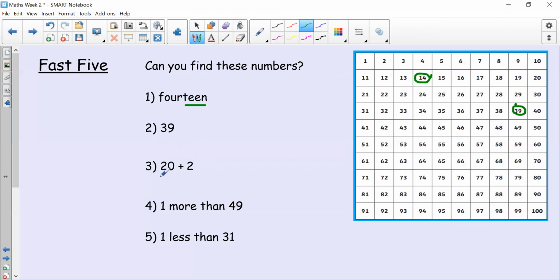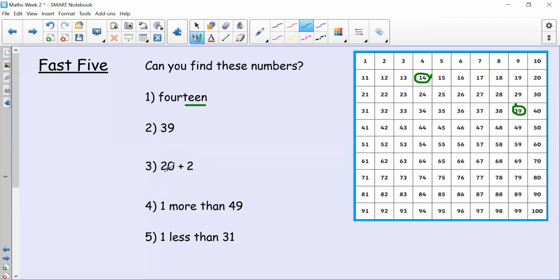Amazing. Then number three, we've got an addition here, 20 add 2. Now remember, if we are adding a 2-digit number where the second digit is a 0, then that means that there are 0 ones.